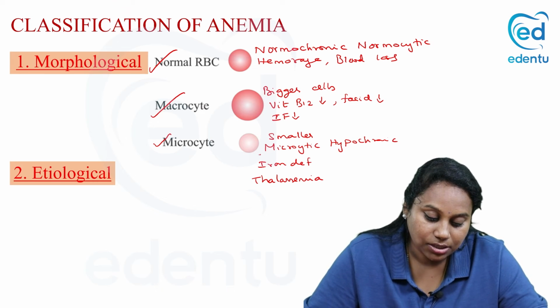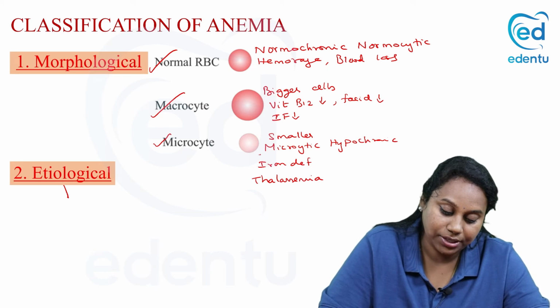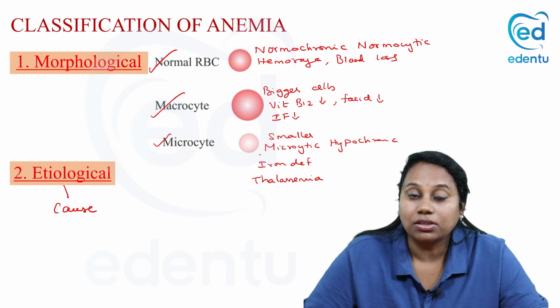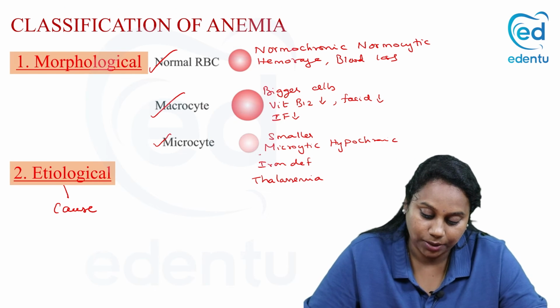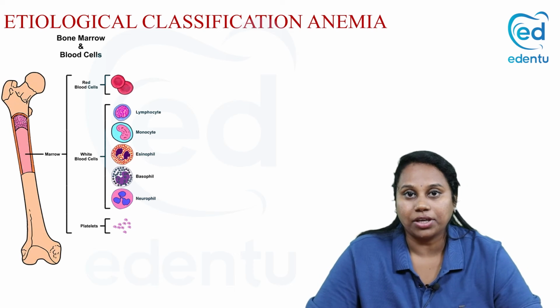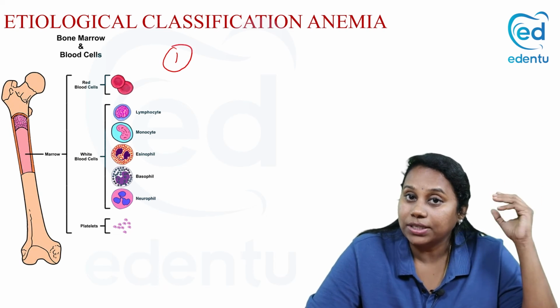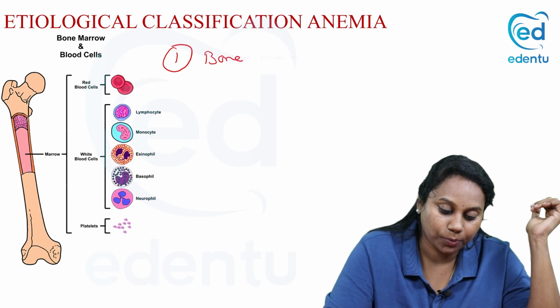The next type is etiological classification. So what do you mean by etiology? Etiology means the cause. Based on the cause of the anemia, again we are going to classify it etiologically. In etiological classification of anemia, the first cause is bone marrow. Bone marrow itself is not producing RBCs. The defect is in the bone marrow.